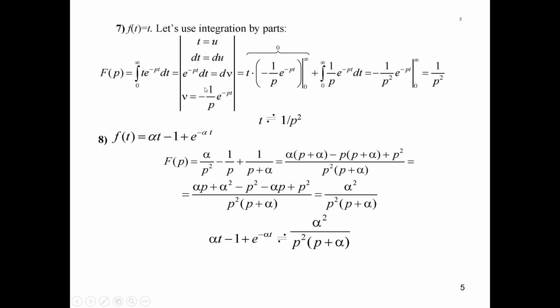And we should write down first u by dv, and dv here will be the next coefficient in this expression, e to the minus pt multiplied by dt.